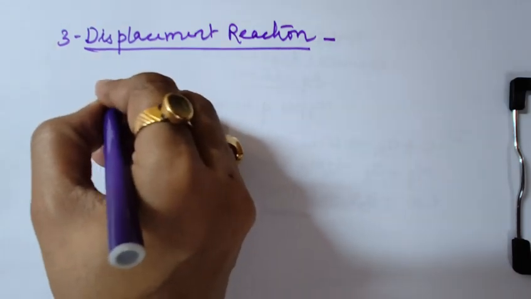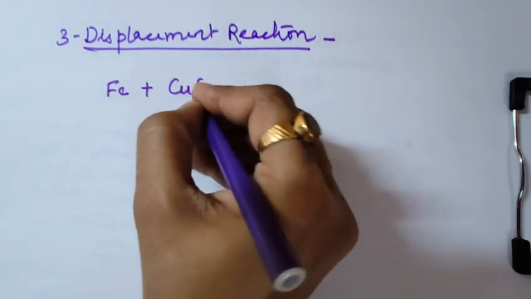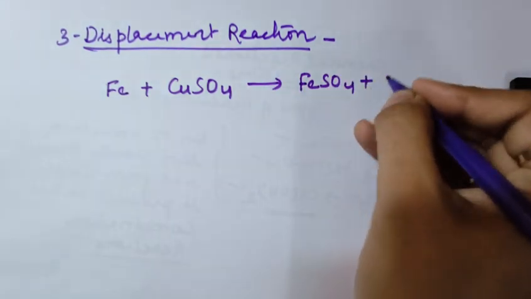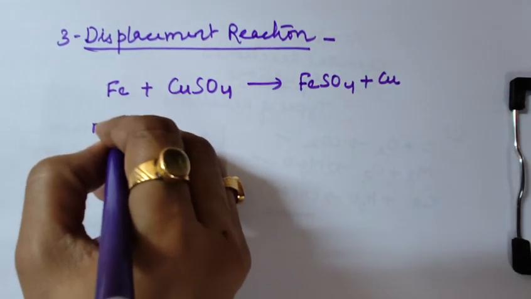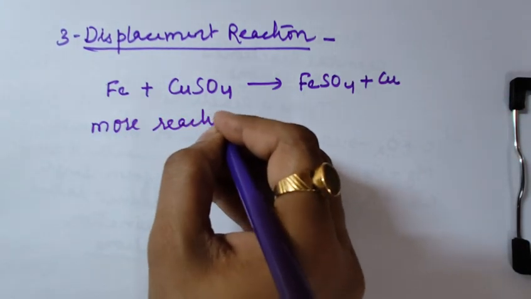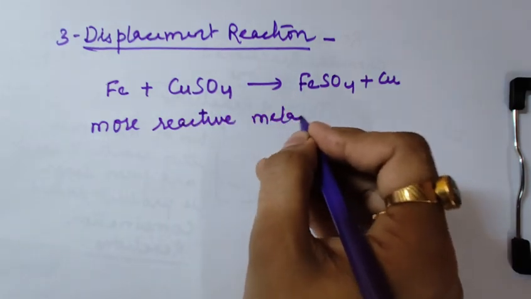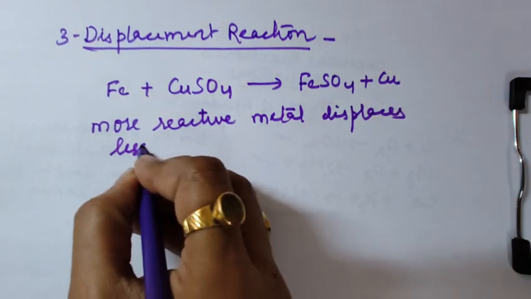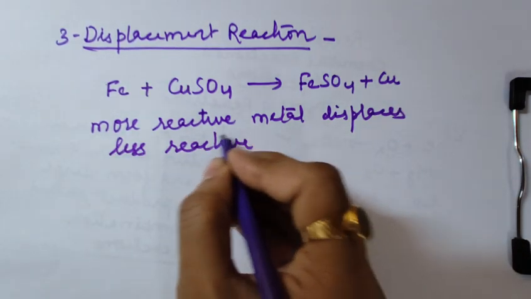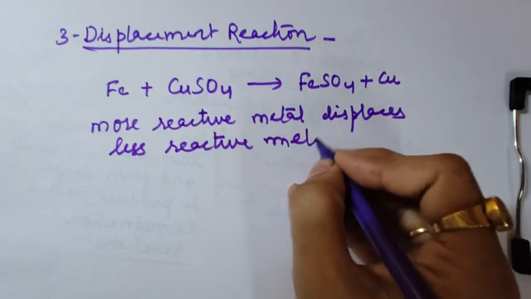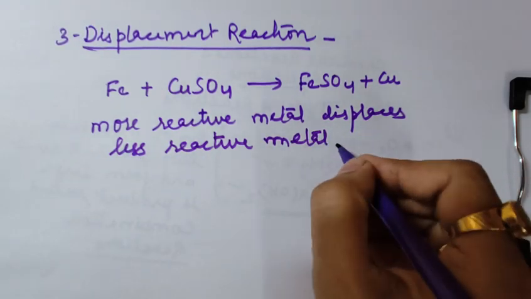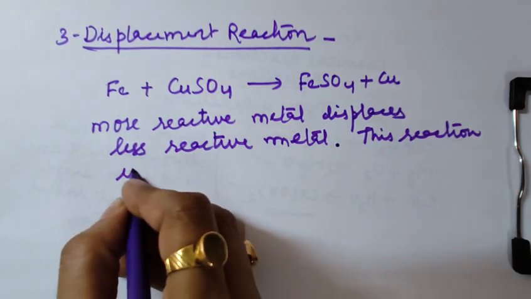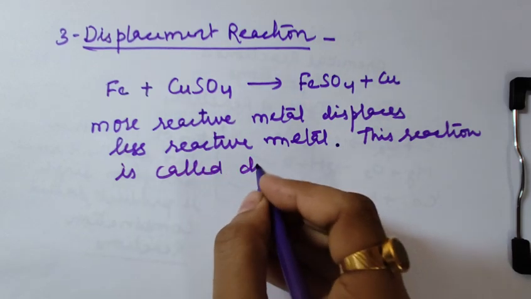When more reactive metal displaces less reactive metal, it is called displacement reaction. Okay. More reactive metal displaces less reactive metal. This reaction is called displacement reaction.